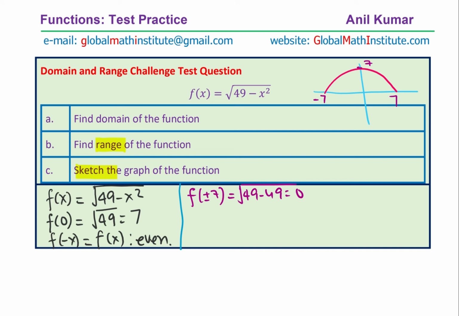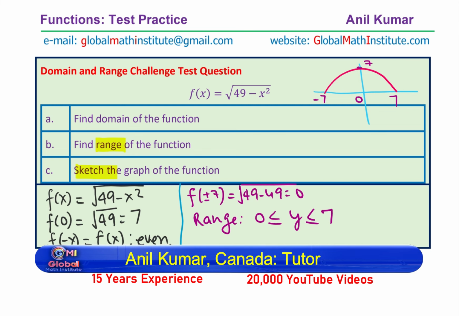Do you see that? That is your function. And now you can actually write down the range. So the range of the function is from 0 to plus 7, right? So you say y is between 0, which is included, and plus 7. So that becomes the range, and here you have the sketch of this particular function.